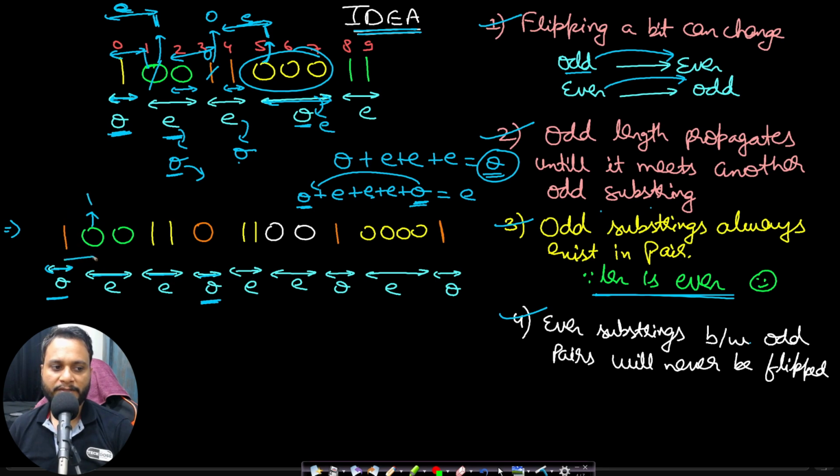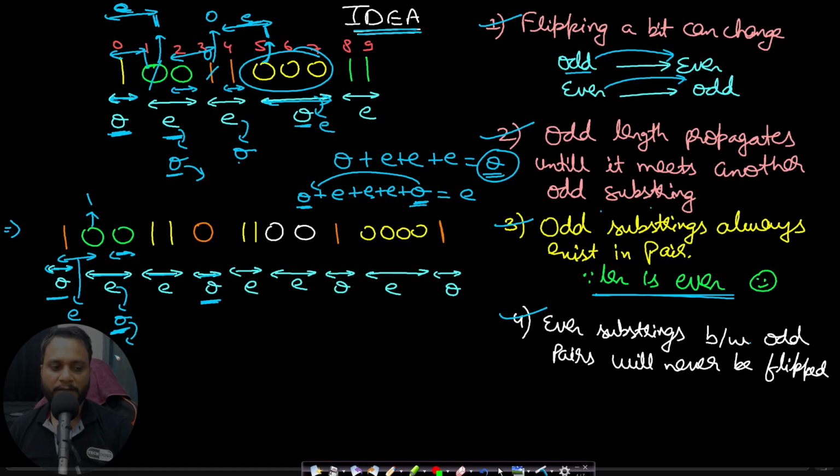Then we have a substring both ones, and this will be of even length, right? And this bit becomes an odd length substring which is of length 1. So this even now becomes odd. Now in order to make this odd back to even again, we have to flip this bit again to 0. So this will make 00 here, and that is how we will make this even.